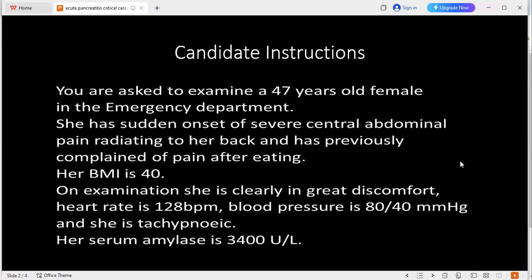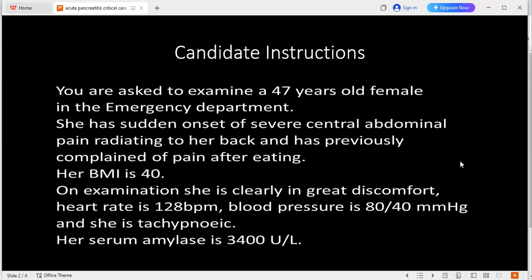Please tell me, how would you establish your diagnosis? We will do labs and imaging. In the ER we order amylase and lipase. Please tell me the criteria that you'll consider for the diagnosis of acute pancreatitis.